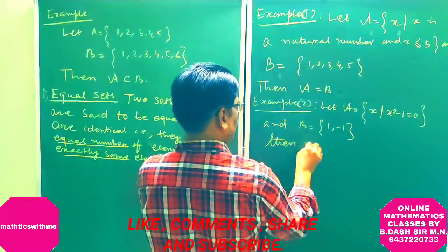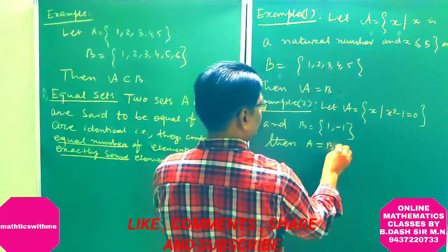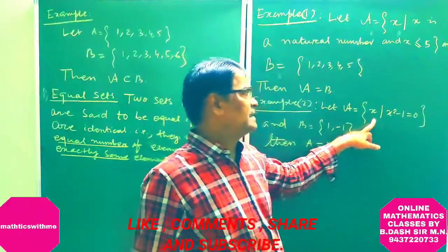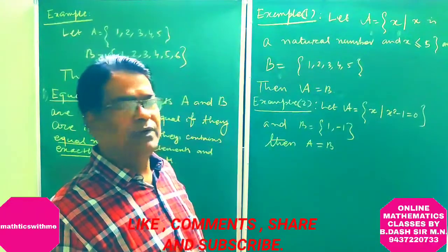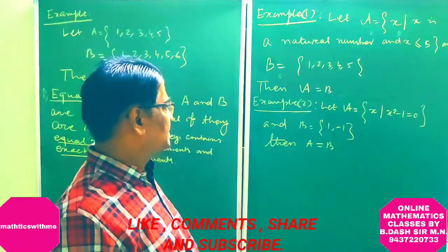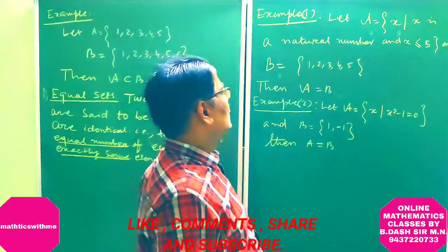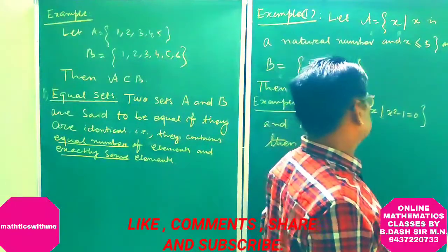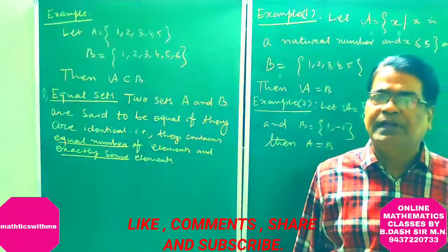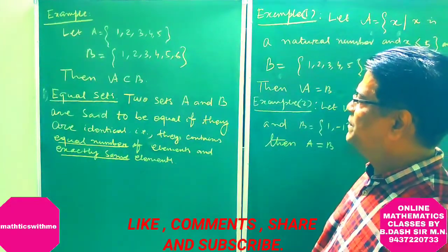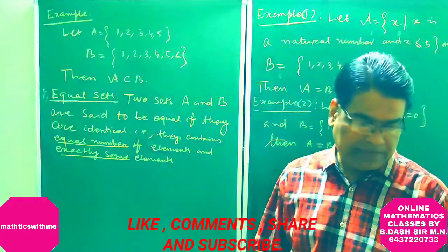Then A is equal to B. Because if we simplify the first set, x square minus 1 is equal to 0, x square is equal to 1, x is equal to plus minus 1, and B is 1, minus 1. So, this is the second example for equal sets. Now, let us proceed to the next topic.